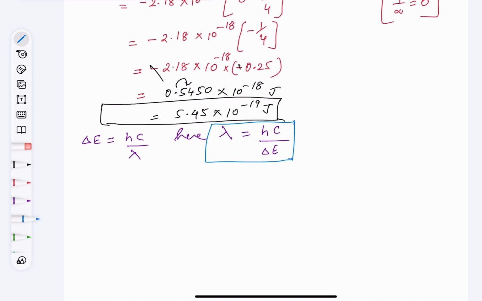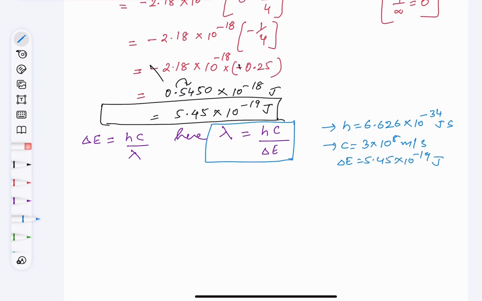Now here your h is Planck's constant, value is 6.626 into 10 to the power of minus 34 joule sec, and your c is the speed of light, which can be written as 3 into 10 to the power of 8 meter per second, and delta E we have just now found out above: 5.45 into 10 to the power of minus 19 joules.